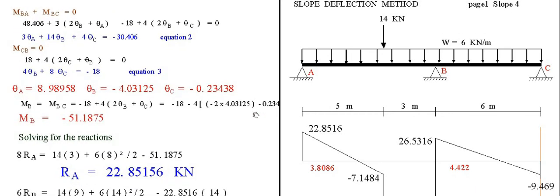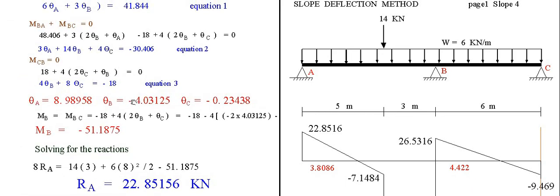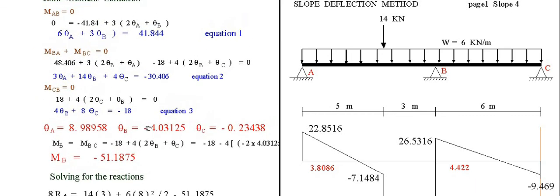Now, we have only one moment as unknown. The moment at A is 0, the moment at C is 0, as we equated before. That moment at AB is 0, and also moment at C is 0.